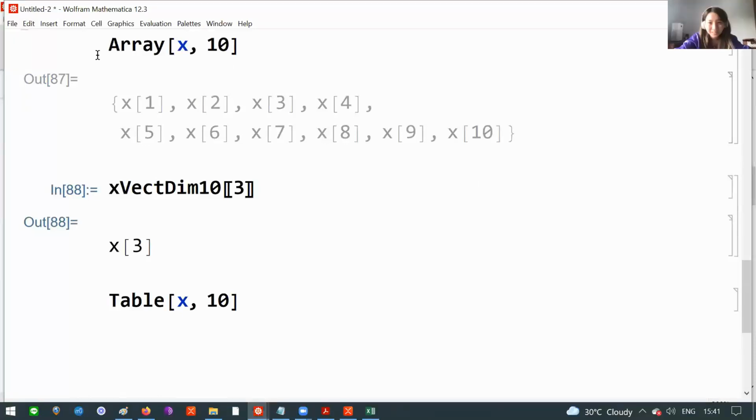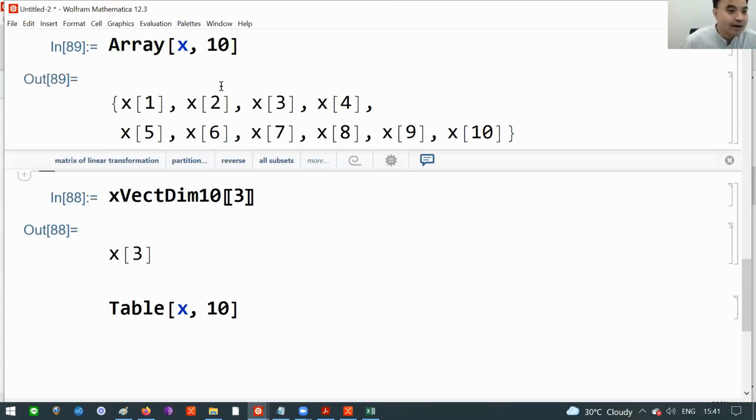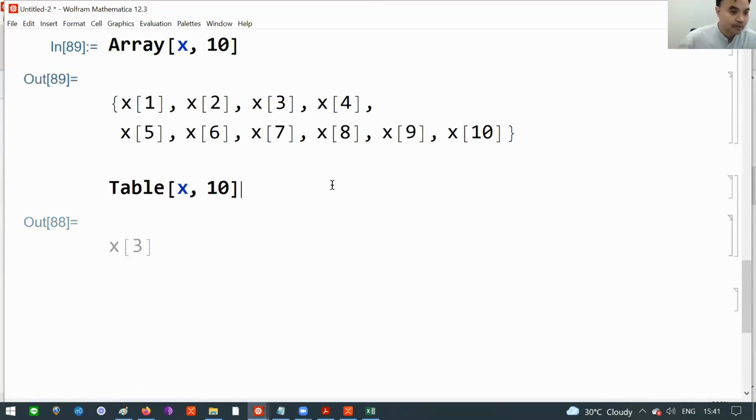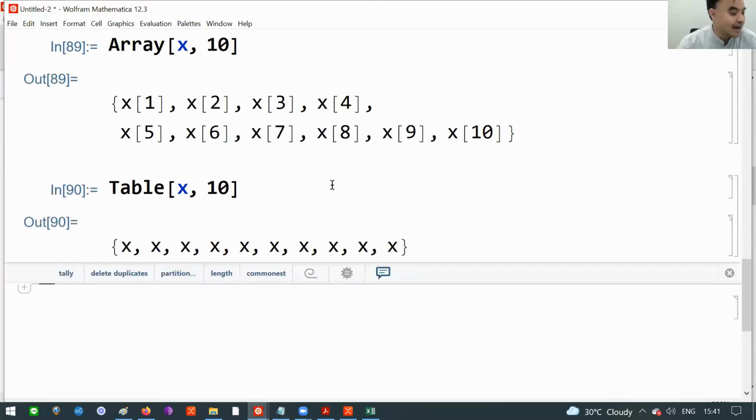Okay. So an array is just going to make a list of 10 objects with an index 1, 2, 3, 4, 5, 6, 7, 8, 9, 10. So it's going to create this. Now, whereas if I make table, it's just going to make x 10 times, right?